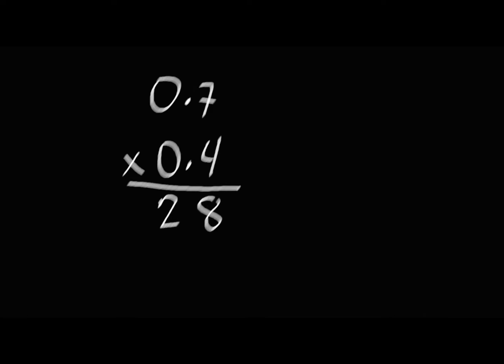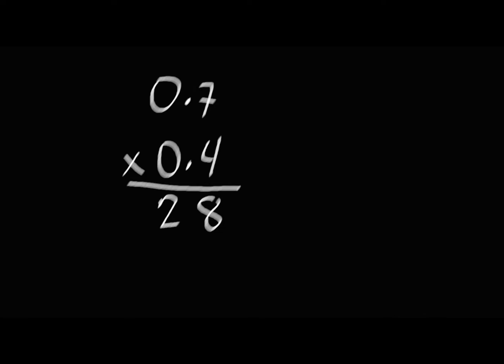7 tenths times 4 tenths. 7 times 4 equals 28. We write 28 here. How many decimal places or how many digits can you see on the right or after each decimal point?